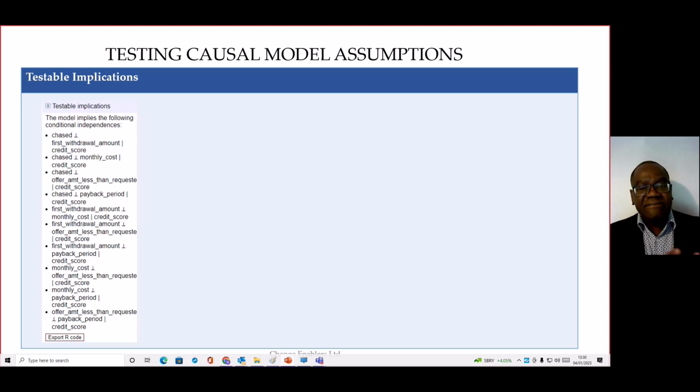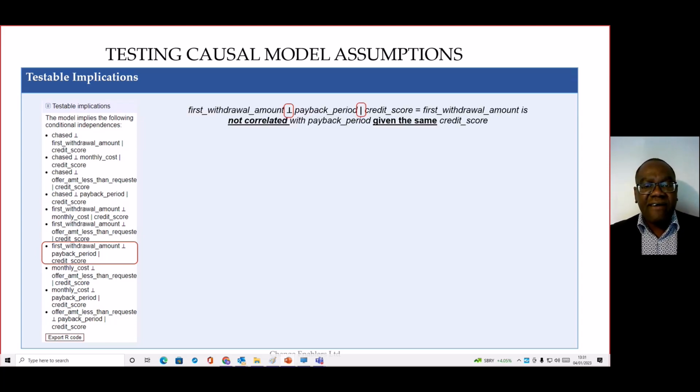So from our specified causal relationships, we can expect the presence or absence of some associational relationships. So let's interpret the testable implications that DAGitty has generated for our causal diagram. At first glance, it may appear confusing, but let's pick on that one.